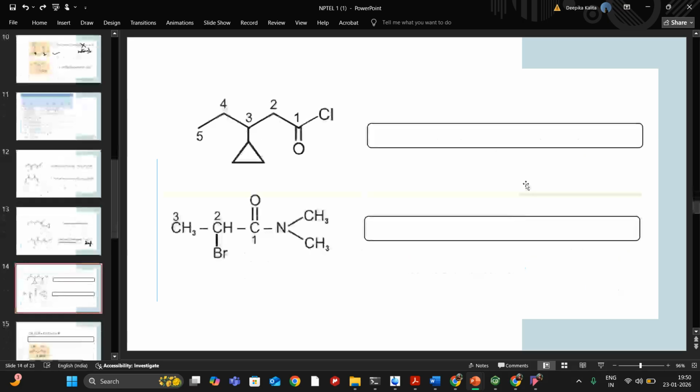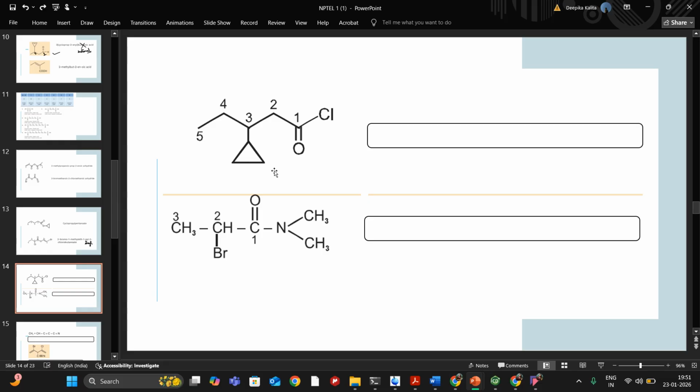Then we will move to solve some other functionalities which are acid chlorides and amides. Let us move to the acid chloride first. This acid chloride has the parent carbon chain as a 5-membered linear chain. Always assign the first number to the functional group. Hence it will be 1, 2, 3, 4, 5. If you look at it, the third position has a substituent.